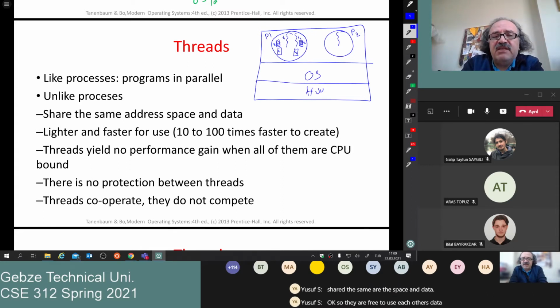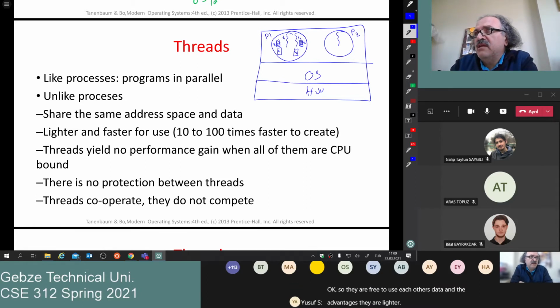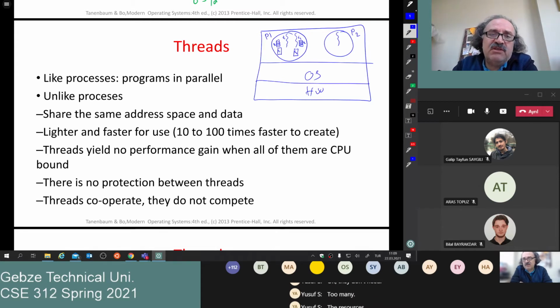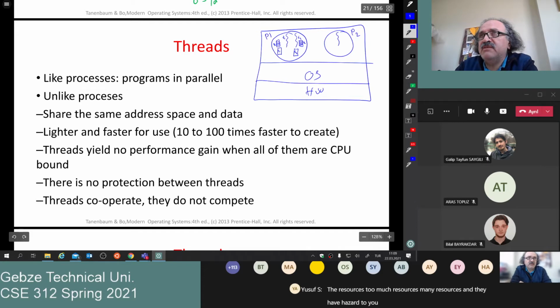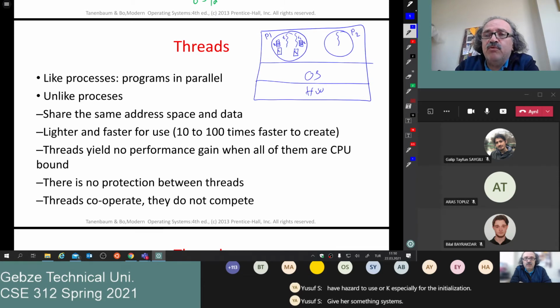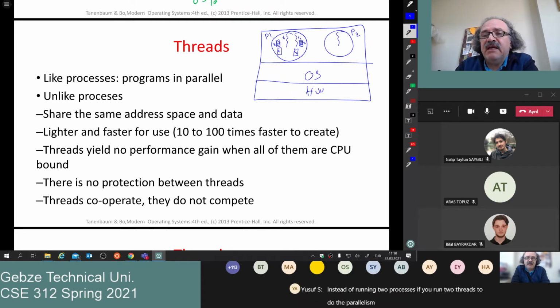And the advantages: they are lighter. They don't need too many resources, and they are faster to use, especially for the initialization. For some systems, instead of running two processes, if you run two threads to do the parallelism, you will gain 10 to 100 times more CPU time.